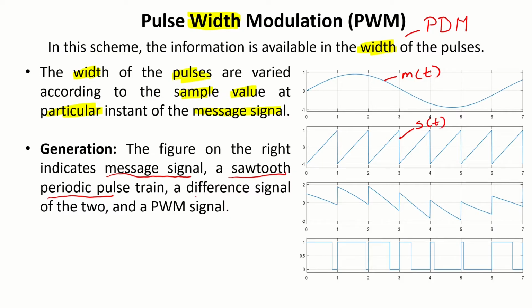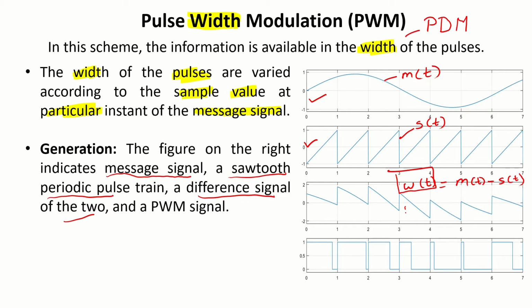So next we take the difference of the first two signals. So we can say this is our W of t, which is M of t minus S of t. That is, we subtract this signal from this signal to achieve this difference signal.